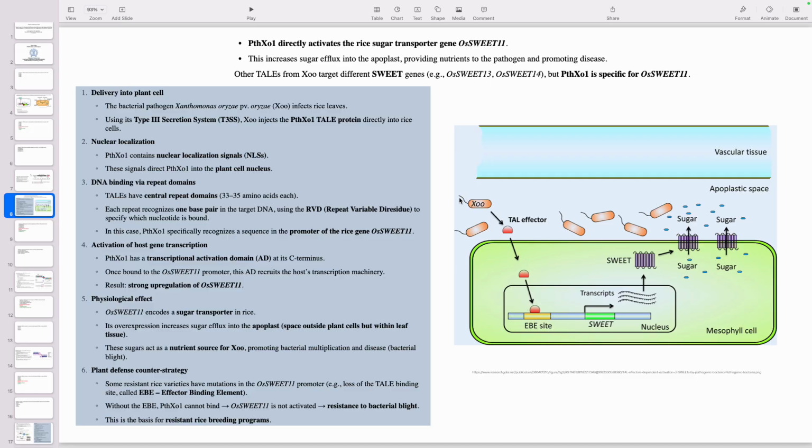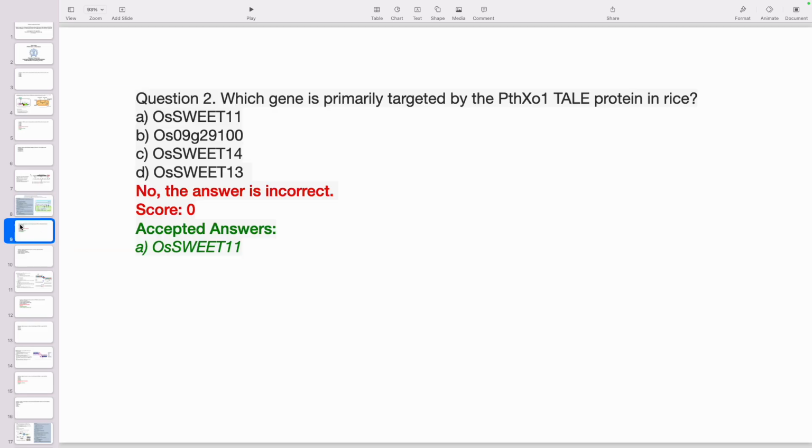So this is how PTHXO1 recognizes the promoter of the OS sweet 11 gene, and this gene is targeted by the PTHXO TAL protein in a rice plant. So the correct answer for this question is option A, OS sweet 11.